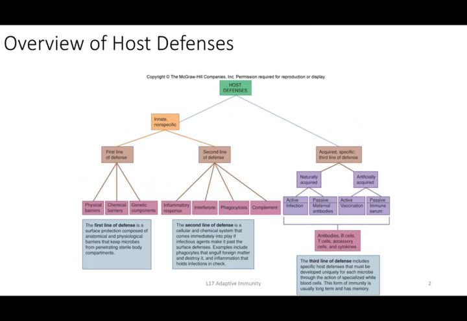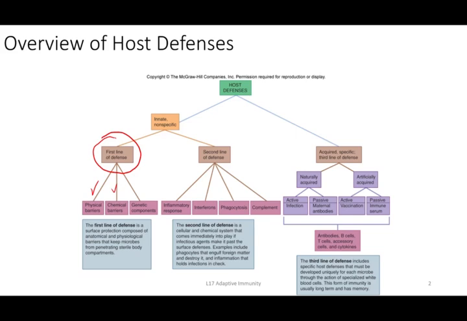So we're going to start by looking at it in the same kind of overview as we did before. And so this is the same picture that we saw from the innate immune response. And so much of what we saw in that innate immune response focused on the first line of defense, those physical and chemical barriers. So we talked about those.